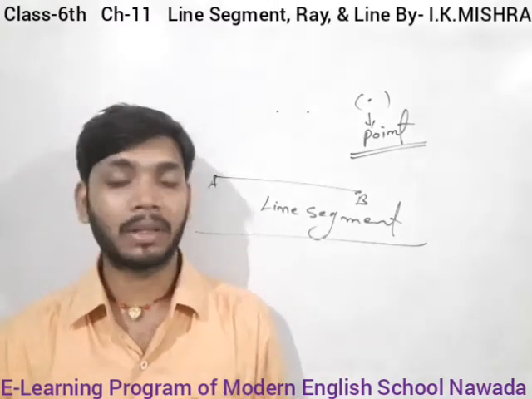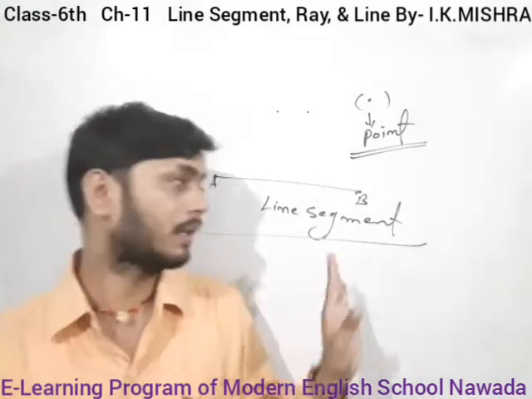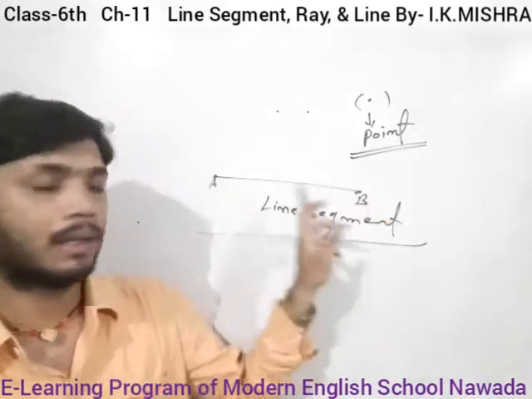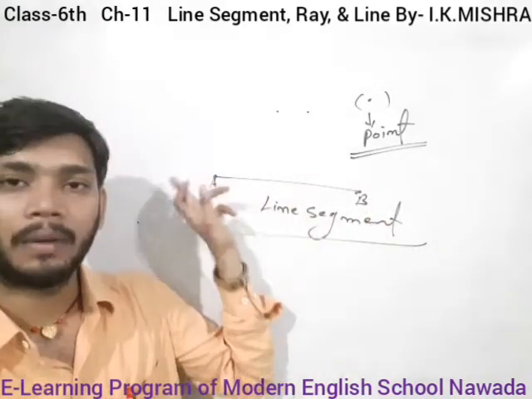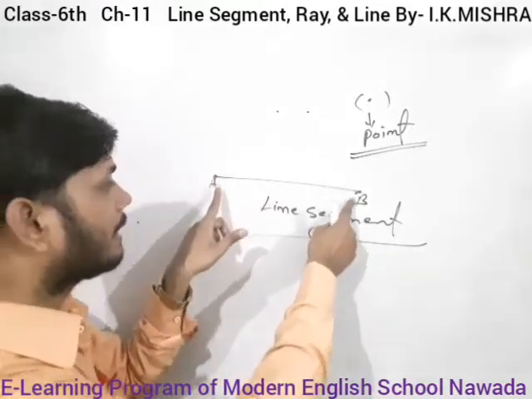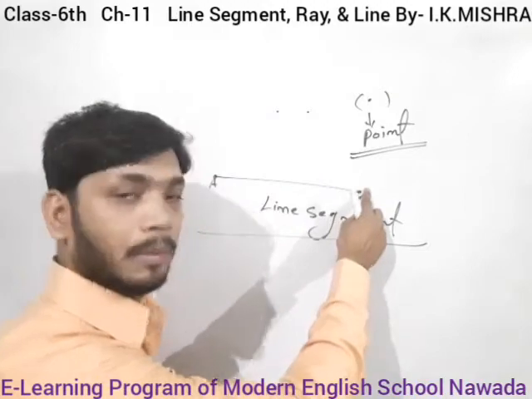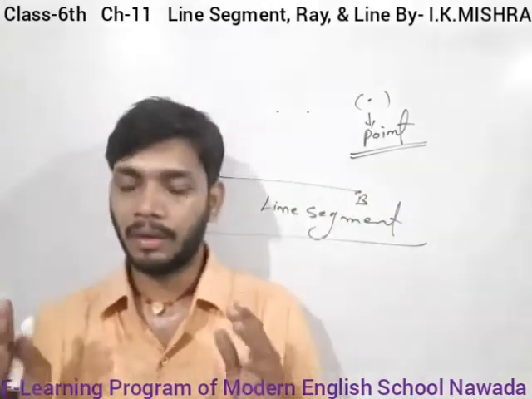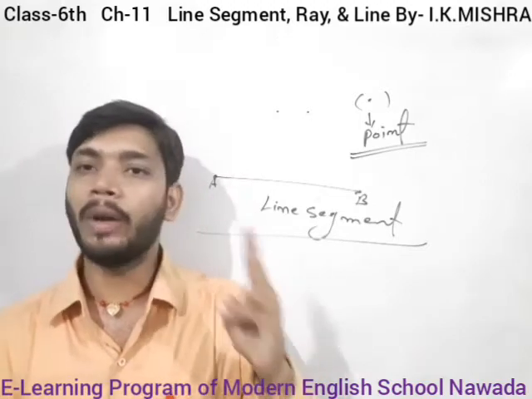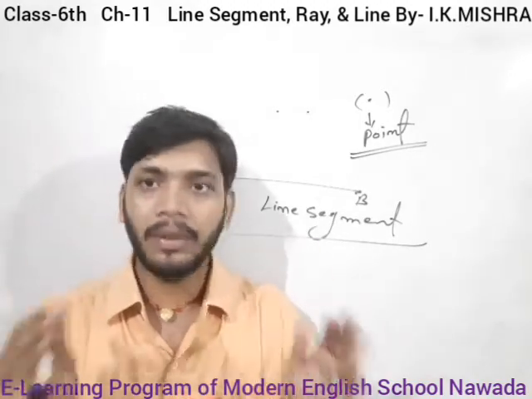Here, this is the line segment. It has two end points. Here, this point and this point. That means line segment ends on this side and on this side at B. So notice in a line segment there are two end points, and line segment has a definite length.